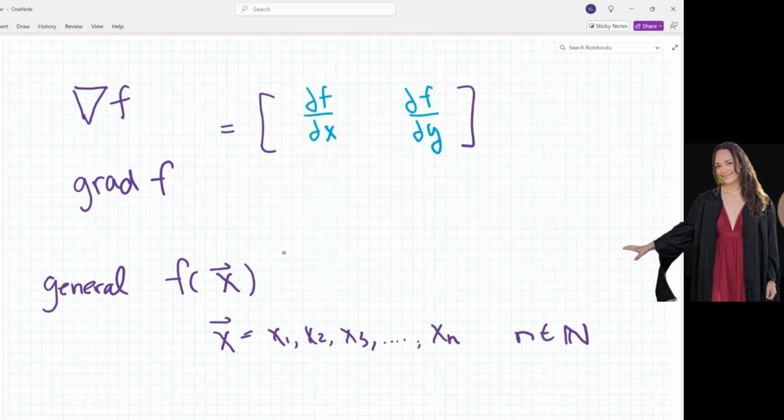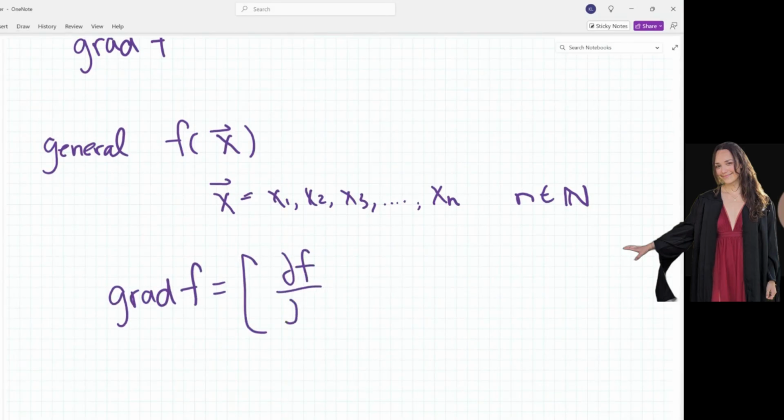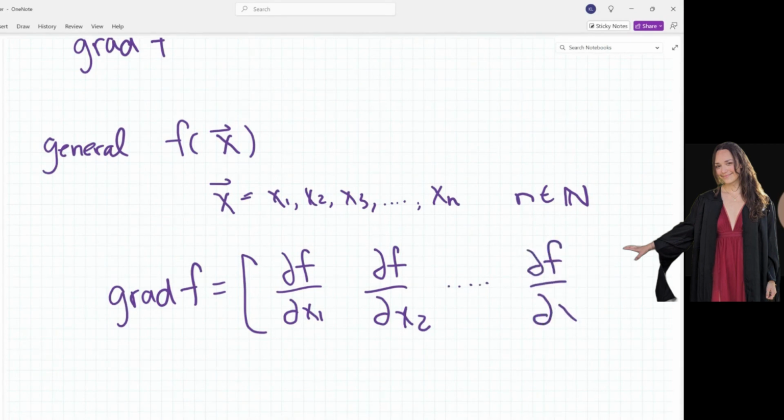Then our gradient, grad f, would equal df over dx1, df over dx2, all the way to df over dxn. So this general notation will help you understand how far you can stretch it. If you have 100 parameters, 1,000,000 parameters, 1,000,000,000 parameters, you can use this same notation.